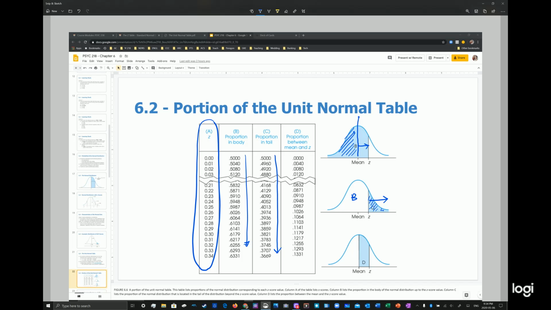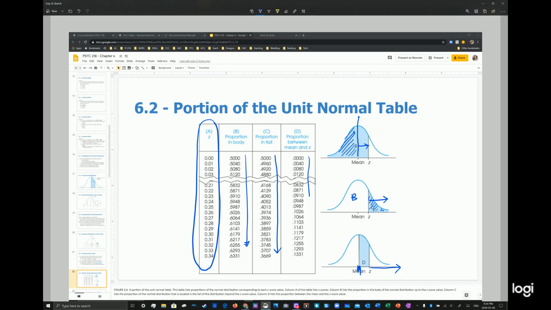And finally, column D is useful when we want plus or minus using the property of the symmetrical normal distribution, because a normal distribution is symmetrical. So it is a proportion between the mean and Z. D here is also never going to be larger than 50% because it starts at 0, and as Z gets larger, it approaches 50%, but no larger.